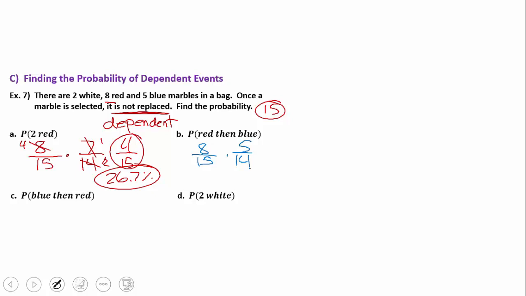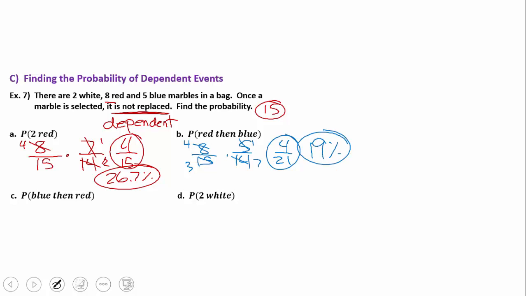Now we can simplify: 2 goes into 8 four times, 2 goes into 14 seven times, 5 goes into 5 once, and 5 into 15 three times. We get 4 over 21. And if I say there's a 4/21 chance of selecting a red and a blue, you're kind of like, huh? So then you do that math and you say it's 19%. Talking in percents is always better.